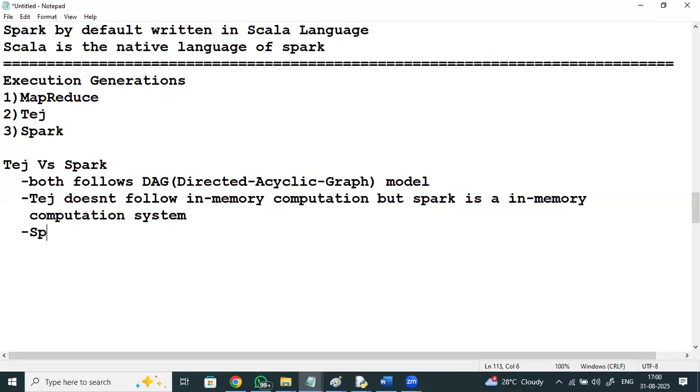So Spark has very high speed as compared to Tez. The commonality you observe is that both follow the DAG, directed acyclic graph model, right?